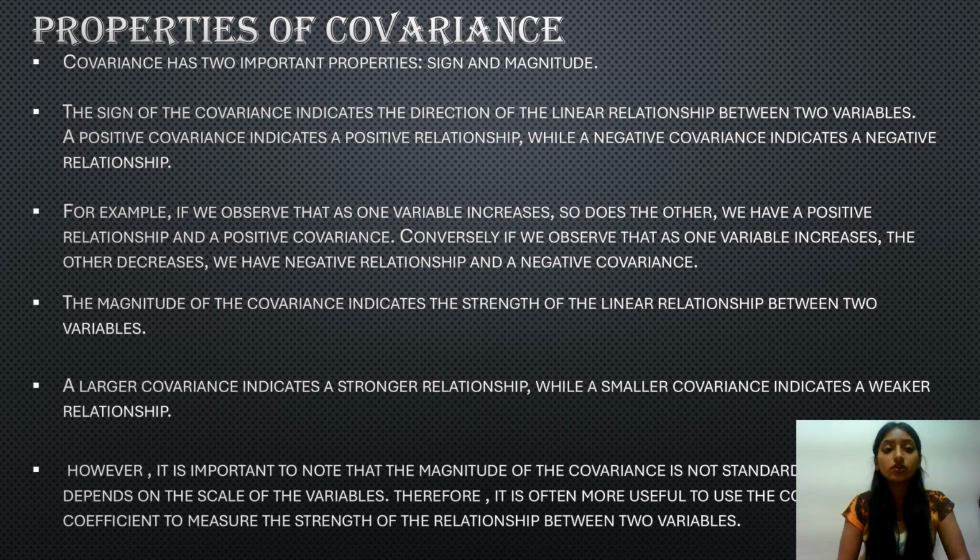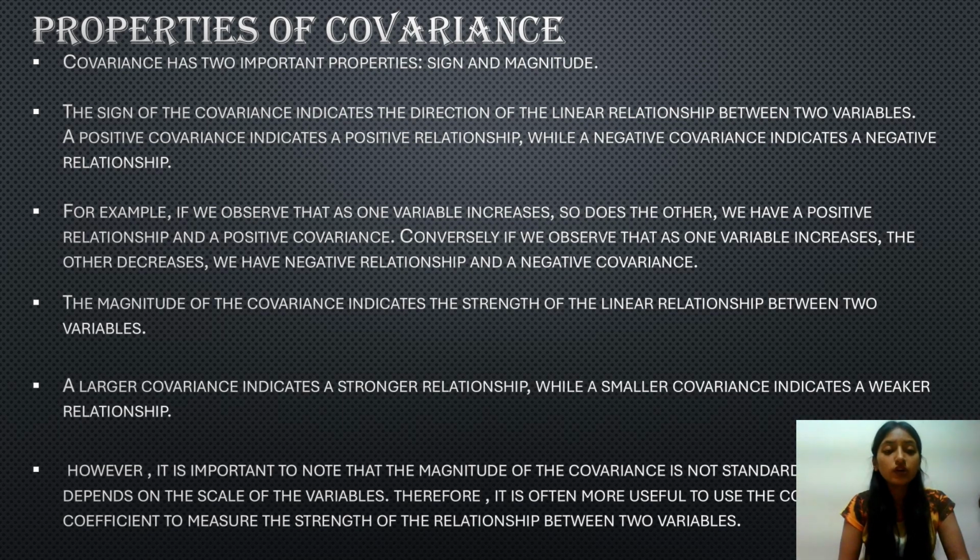For example, if we observe that as one variable increases, so does the other, we have a positive relationship and a positive covariance. Conversely, if we observe that as one variable increases the other decreases, we have a negative relationship and a negative covariance.